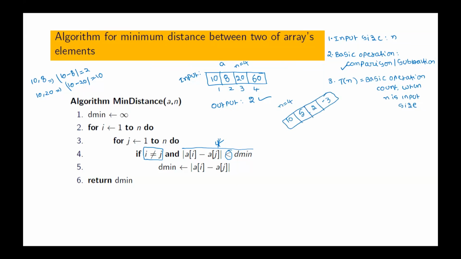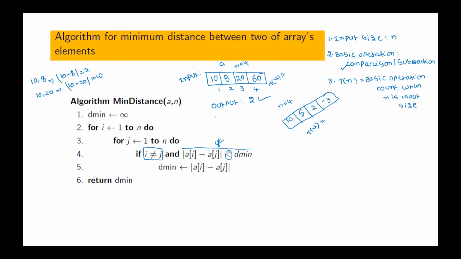N equals 4 here also. Now what is the T of 4 value in the first one and what is the T of 4 value in the second one also?